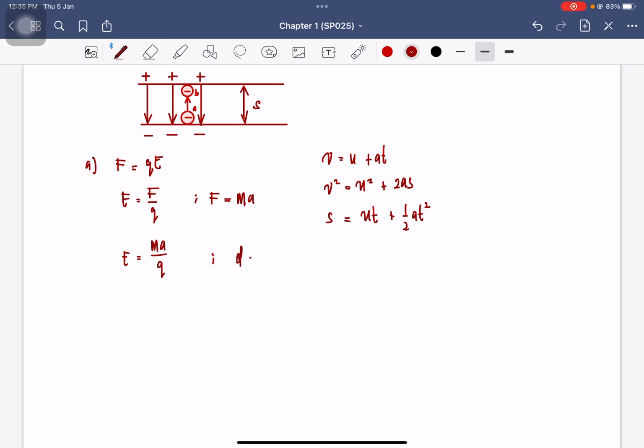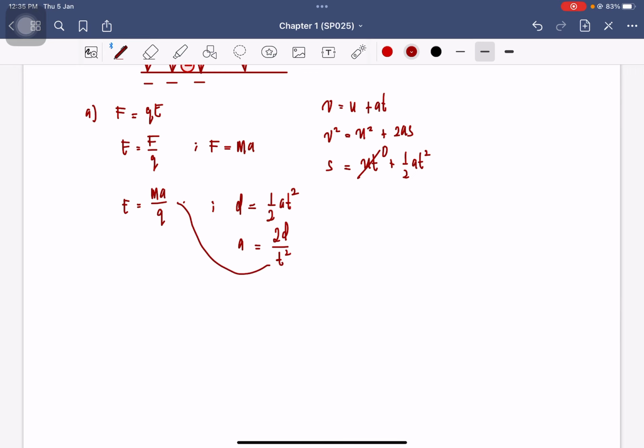So I'll let S equal to D. U here is equal to 0 because it starts from rest, so it is released from rest. So when U is equal to 0, we are left with half AT². So rearrange for A, we'll then get 2D over T².